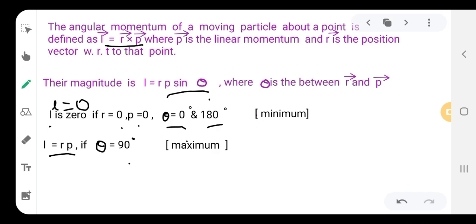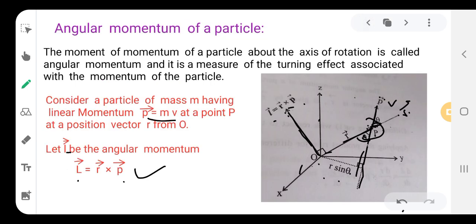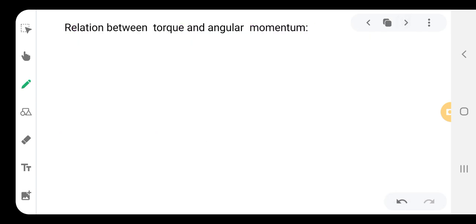So once more I'll tell you, angular momentum is nothing but the moment of momentum of a particle about the axis of rotation. Okay, and it has a turning effect associated with the momentum of the particle. So now let us see the relation between the torque and the angular momentum.